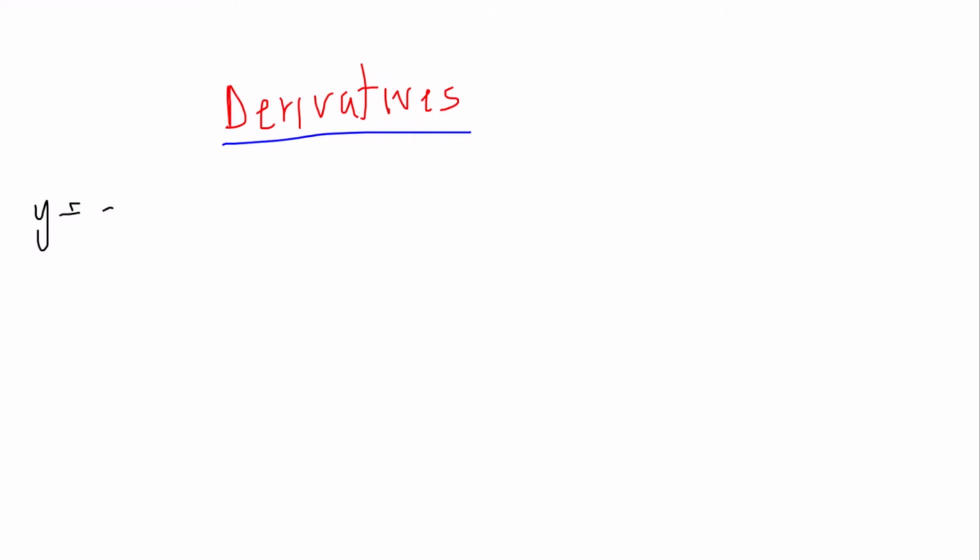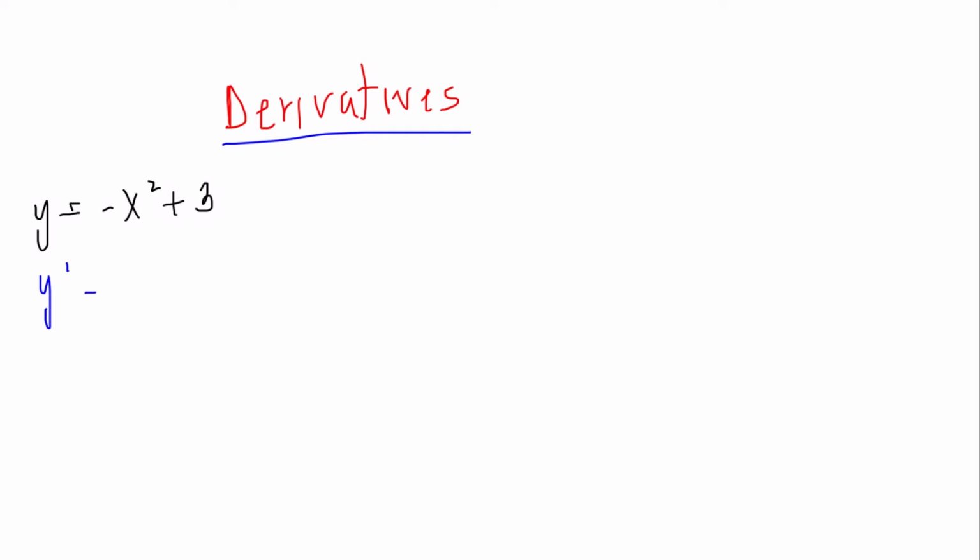So let's say we have a function y equals minus x squared plus 3. How could we find its derivative without using the limit approach?